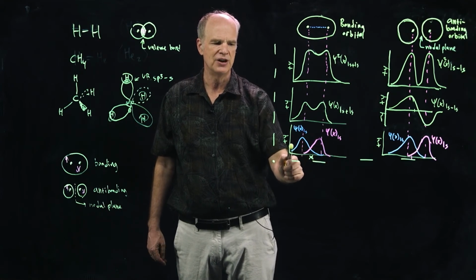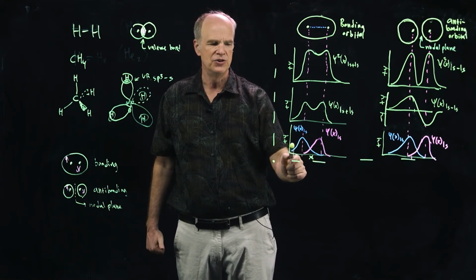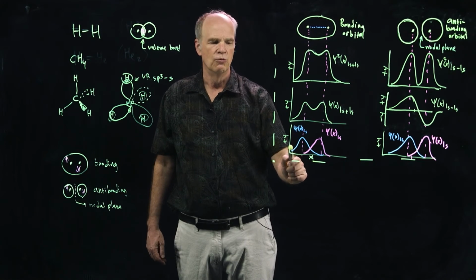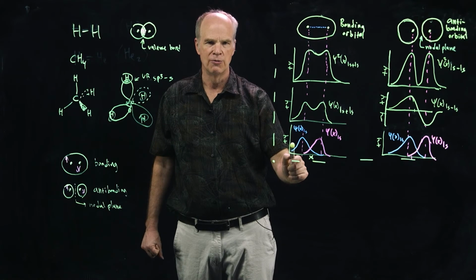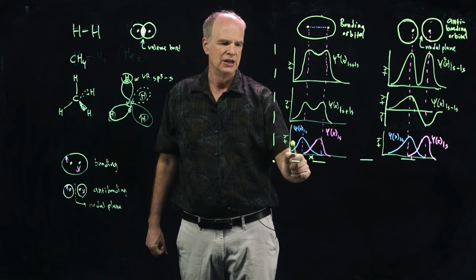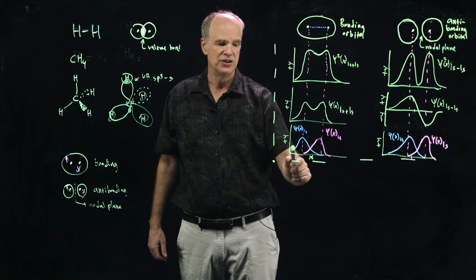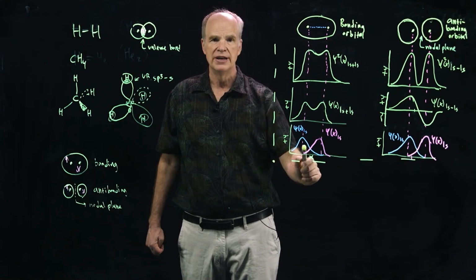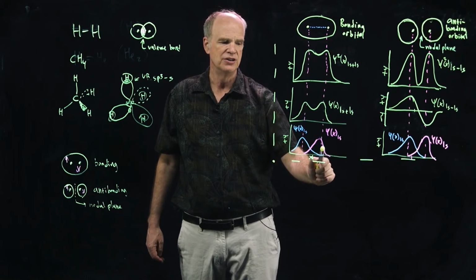What I've tried to do is give you an idea of what the graph for a 1s orbital looks like. The 1s orbital from, say, the left hydrogen is in blue, and the 1s orbital from the right hydrogen is in red.